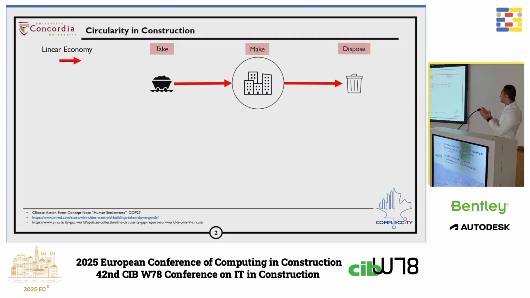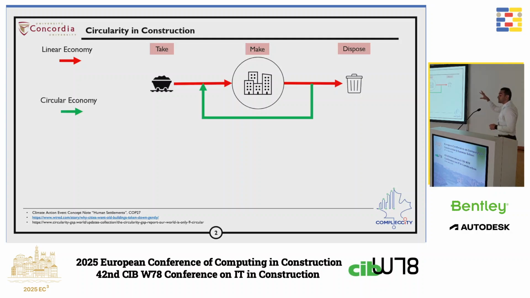Linear economy is: take something from the environment, make something out of it, and then dispose of it at the end of the day. If we want this to be circular, instead of disposing of it, we want to circulate it back as an input for making new products. That's, in a nutshell, the difference between linear and circular economy.